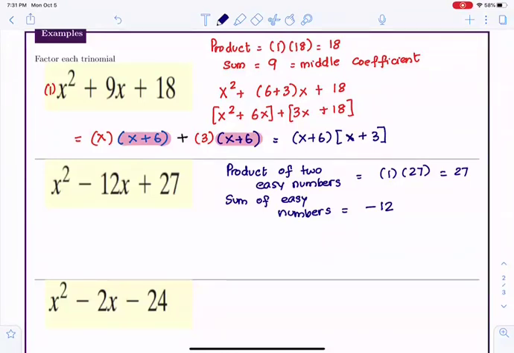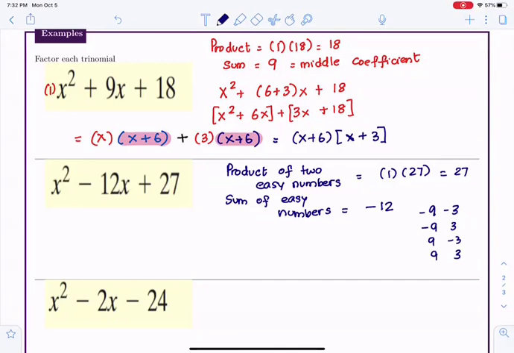So the numbers that I'm going to pick, both of them either have to be positive or both of them must be negative. Now, I have 27 and I know certain factors for 27. So I could have 9 and 3. So I could either have minus 9 minus 3, minus 9 plus 3, positive 9 minus 3, and positive 9 positive 3.